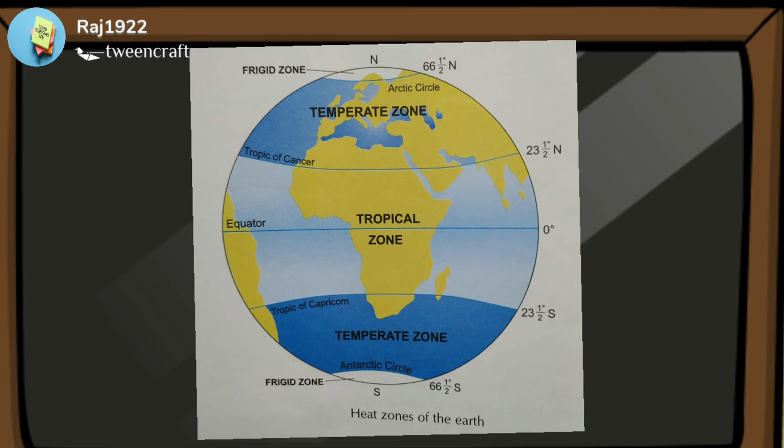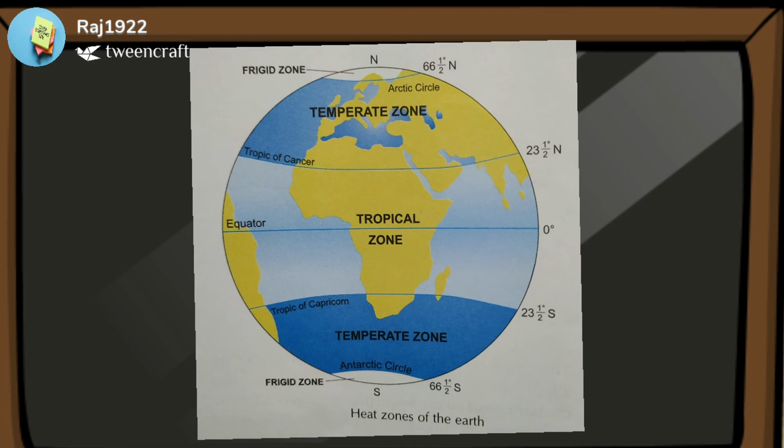Temperate zones. Between the Tropic of Cancer and the Arctic Circle in the north, and the Tropic of Capricorn and the Antarctic Circle in the south, are two zones of moderate temperature called temperate zones. Temperate means moderate.